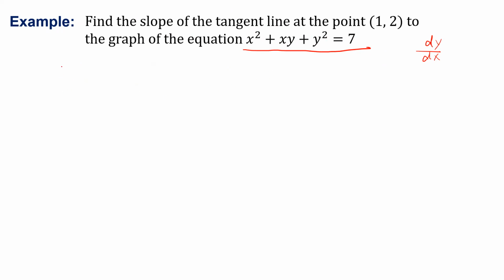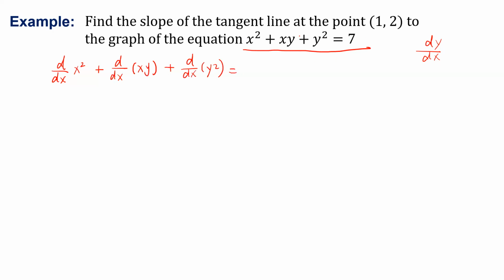Then we have d(x squared) by dx. Second part is plus d(xy) by dx, plus the third part, d(y squared) by dx, equals the right side.